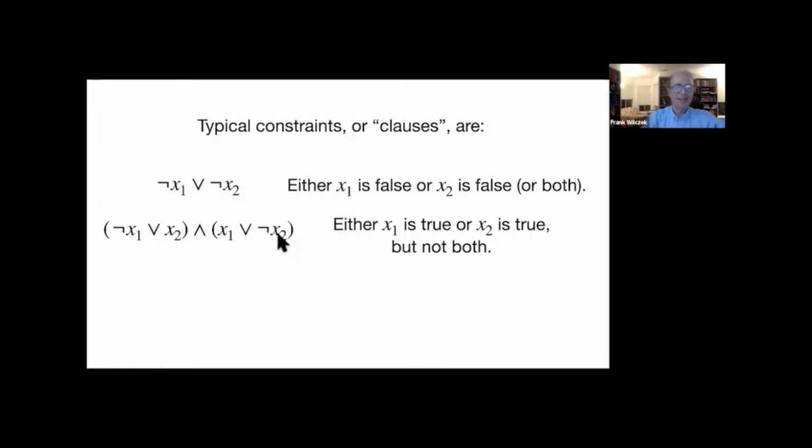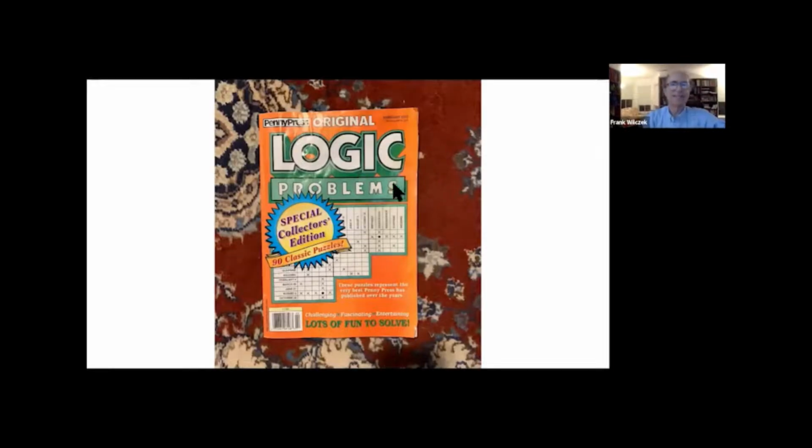You can easily convince yourself that you can make very, very complicated, in fact, arbitrary logical statements by these kinds of formulas. And if you go to a supermarket and look at the Logic Problems magazine, you'll see zillions of problems that are very amusing that can be cast into this form.